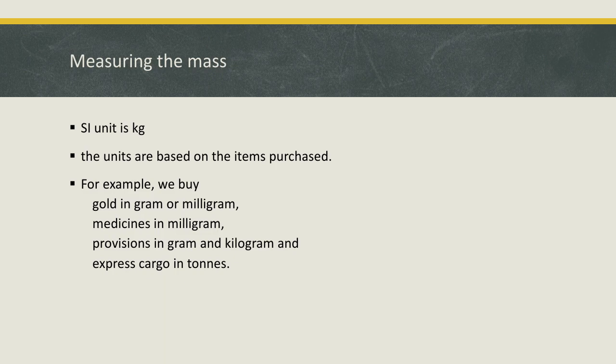That is nothing but 500 grams of sugar, like mustard, sesame, all those things. When you're going to buy the provisions, you will be expressing the mass in terms of kgs or grams.